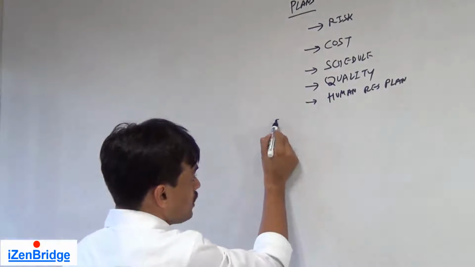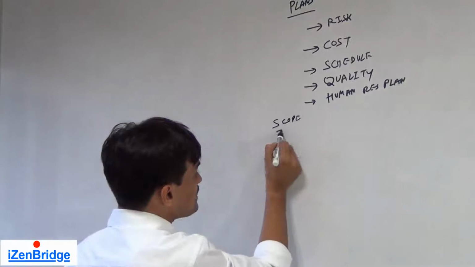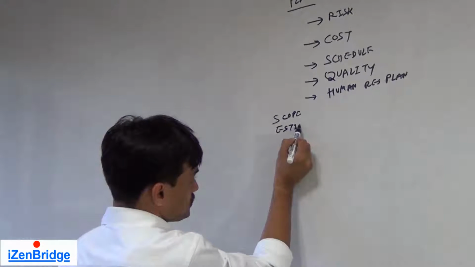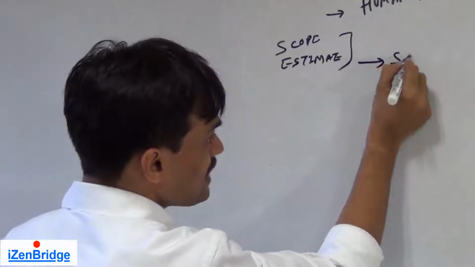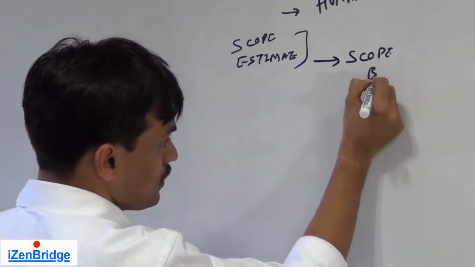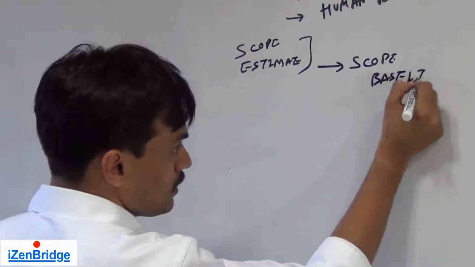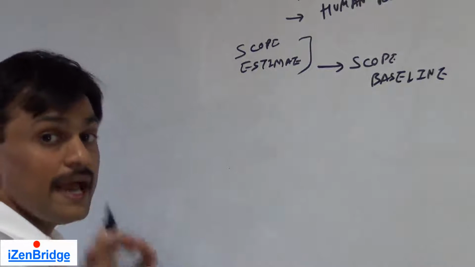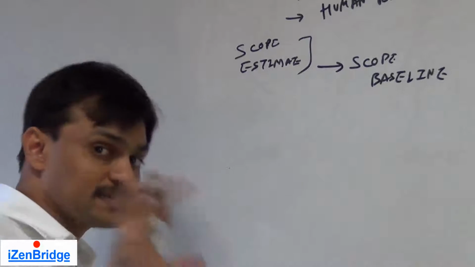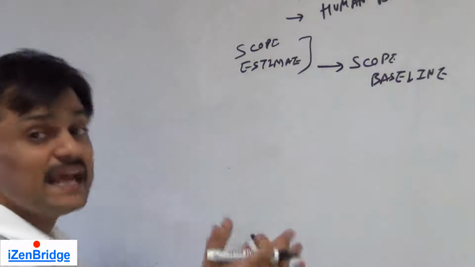Let's look at scope or estimate related inputs. They are the scope baseline, and we do estimation of duration and estimation of cost, time and cost at an activity level.